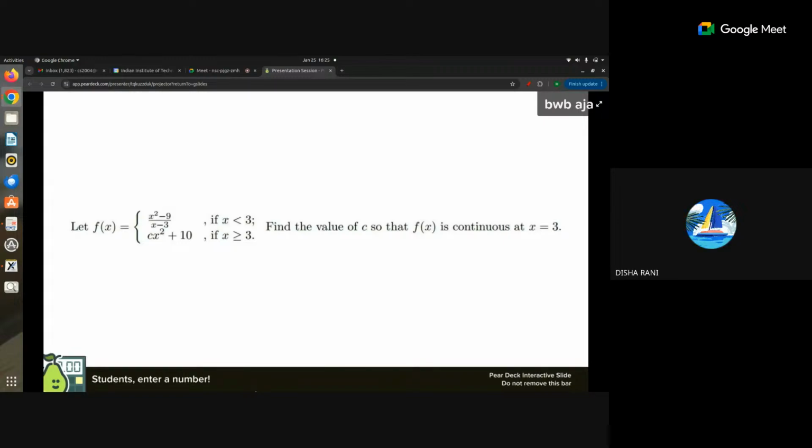Sir, can the value of c be in decimals? Yes, if it is coming, but I don't think it is coming in decimals.